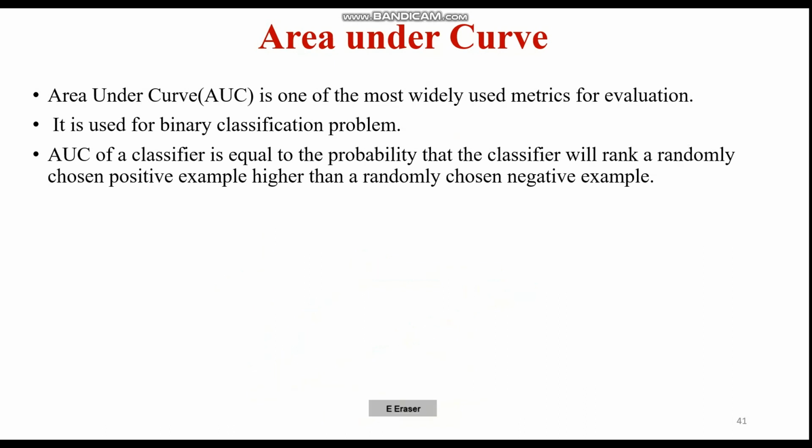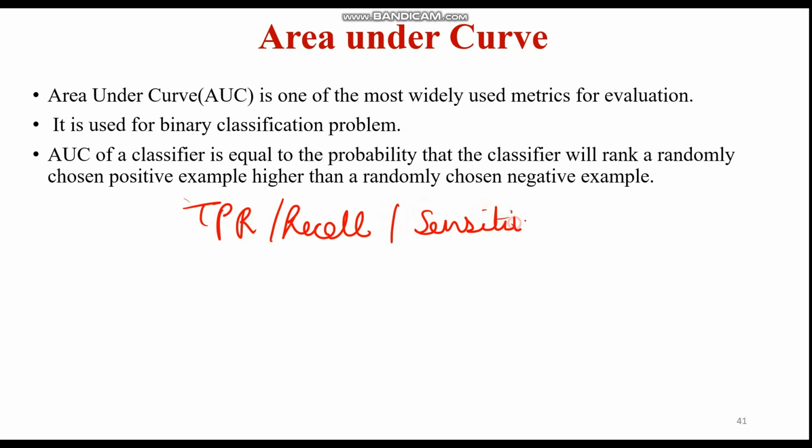So firstly we will understand what is TPR, that is true positive rate, which is also called recall or sensitivity, as we have discussed in the previous videos. So this is simply TP divided by TP plus FN.